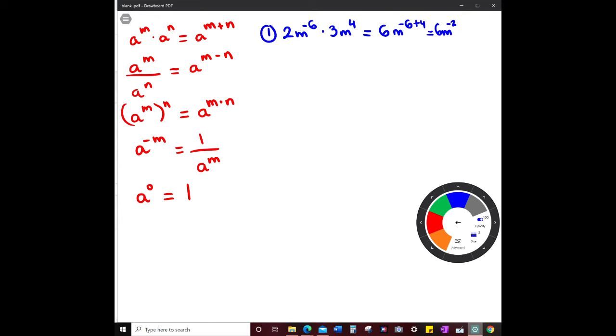The common mistake I see from my students in the past is they take the whole thing, 6m squared, and bring it down to the bottom. However, we need to make it clear here. The negative 2 only applies to the m. Therefore, when we rewrite without negative exponent, we will have only m raised to the second go to the bottom as denominator, and 6 stays on top.